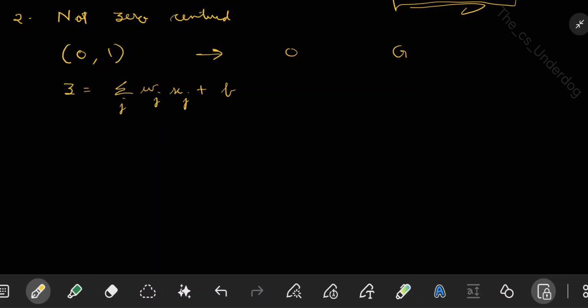Then if I have a sigmoid activation function, my activated neuron will be sigmoid of z. So this is the weighted output that is coming from the neuron, and this is the final output after the activation function. First you will have this output, and this will be put into the activation function in order to get the final output.